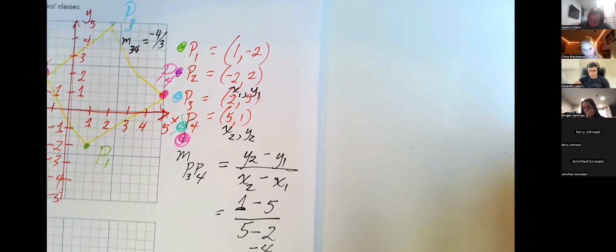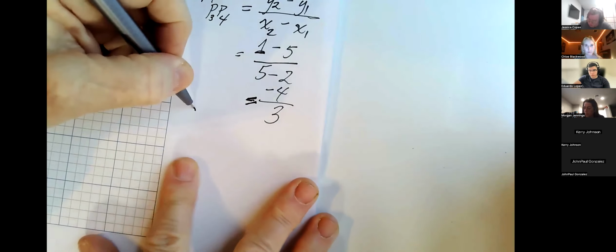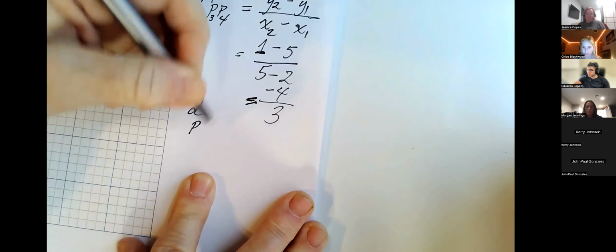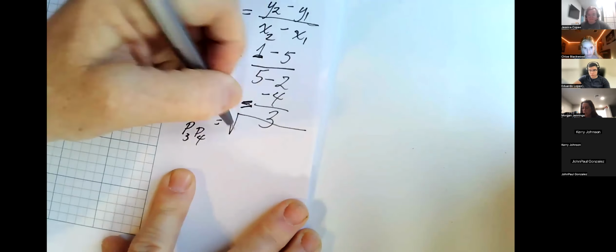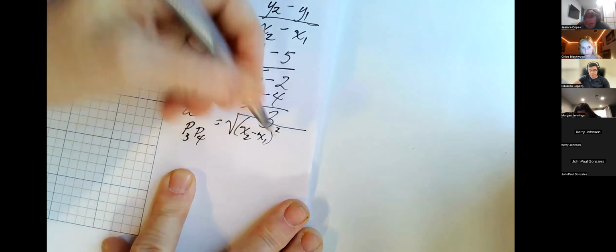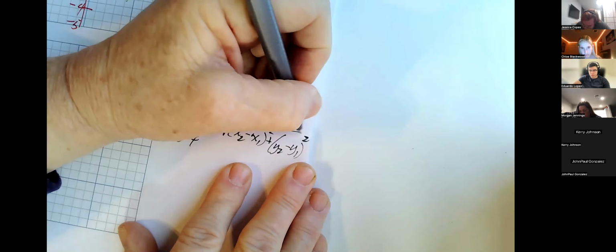Now, remember, we also need the distance between P3 and P4. So let's remember that the distance formula is the square root of X2 minus X1 all squared plus Y2 minus Y1 all squared.